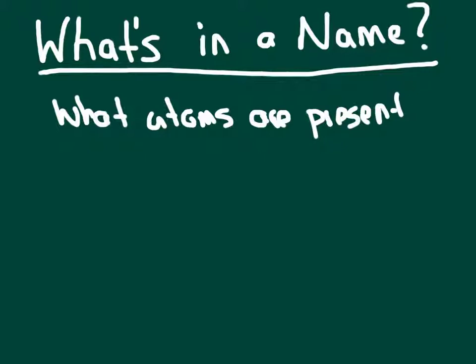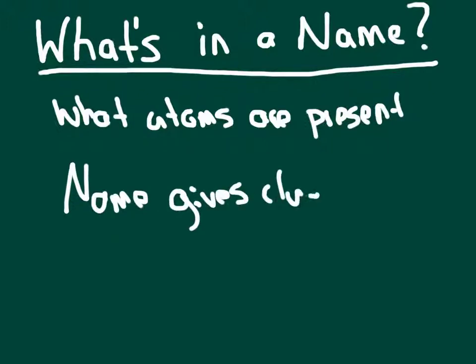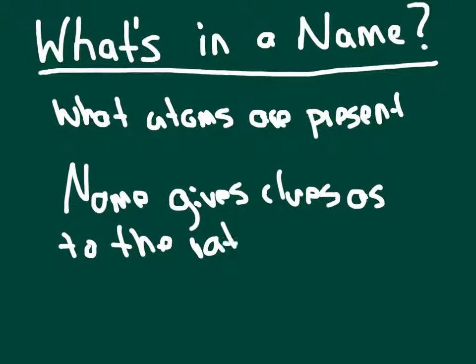The second reason is the name gives clues as to the ratio of the atoms. Now, a lot of times it doesn't come out and tell you what the ratio is, unless it's a molecular compound, but I'm jumping ahead of myself.